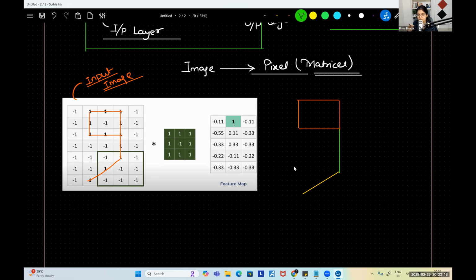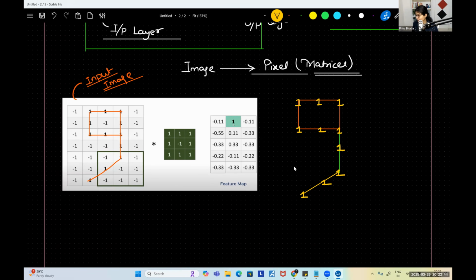The only possibility is this is 9. Wherever these lines and important parts are, that will be represented with 1, and in the remaining portion, it will be represented by -1. Is this part clear to everyone?